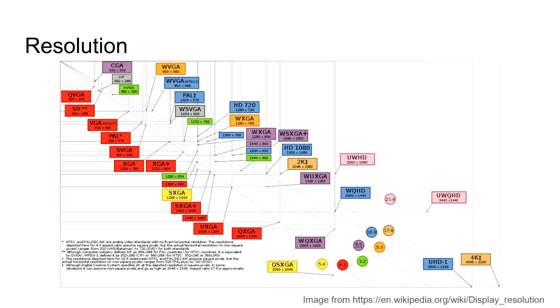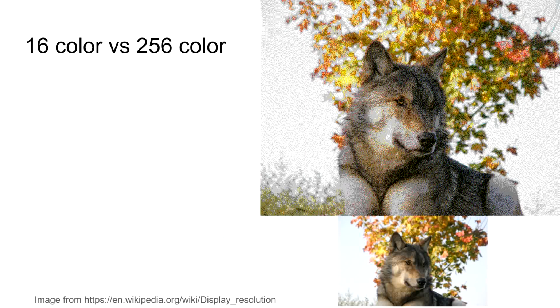There's another choice. So we've talked about how many pixels it is, but we also need to choose how to represent the colors. So here are 2 images, and the bottom one is the full resolution original image. The top one is showing what happens when we make that image with only 16 colors.